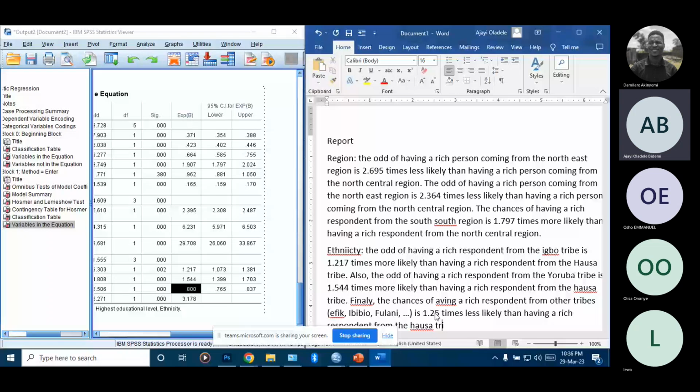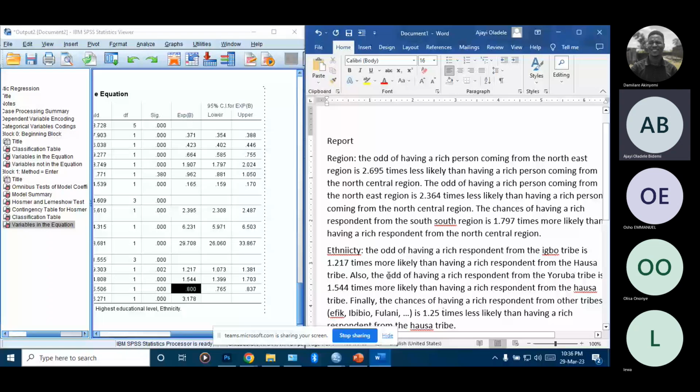There are higher chances of having a Hausa that is rich than having people from other tribes that are rich. So that is how you go about it, one after the other, to interpret your output.